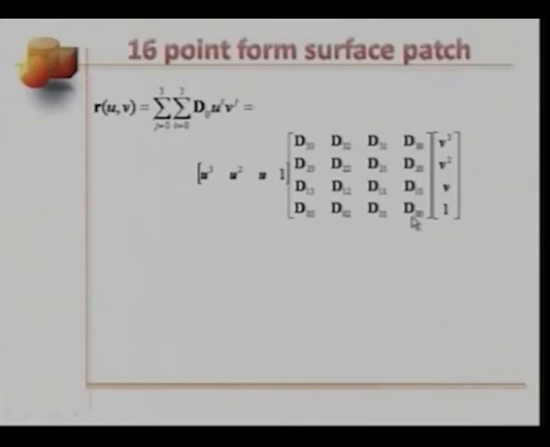This is to be post multiplied by a column vector comprising different degrees in v: v cube, v squared, v and 1. It is this geometric matrix that we need to determine. We'll see in a while how.